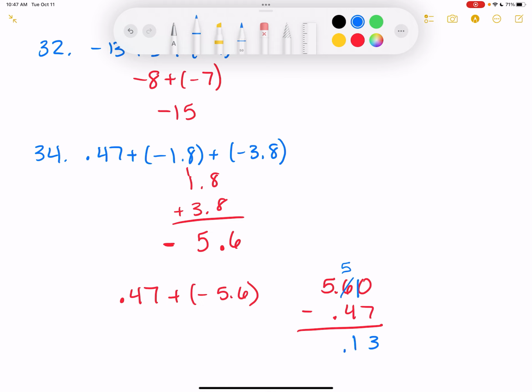Then bring down your decimal place. And then 5 minus, we can put a little 0 placeholder there if we want, or you can just know there's nothing there. So the 5 comes down. Now, the bigger number is 5.6, so that means that we had a negative sign on it, so it's going to be negative 5.13 for that one.